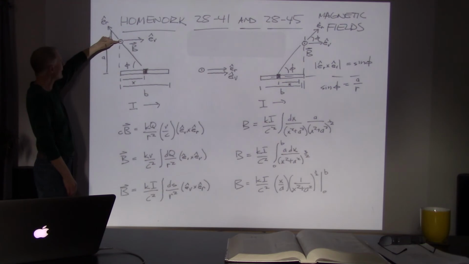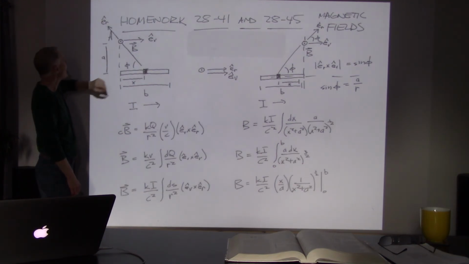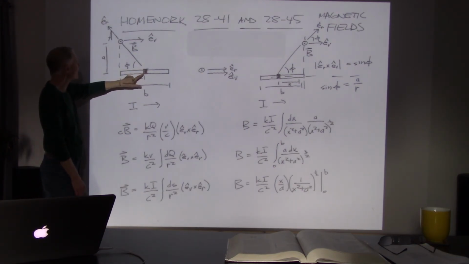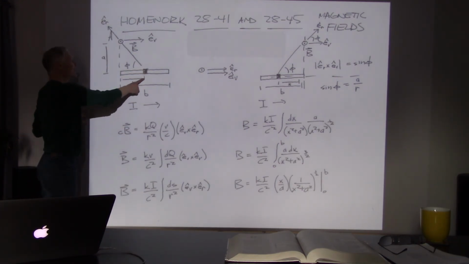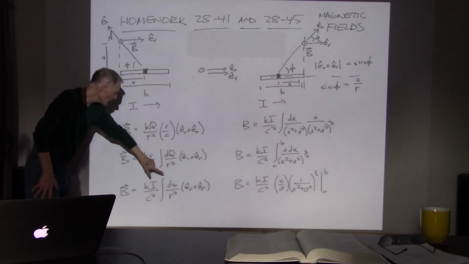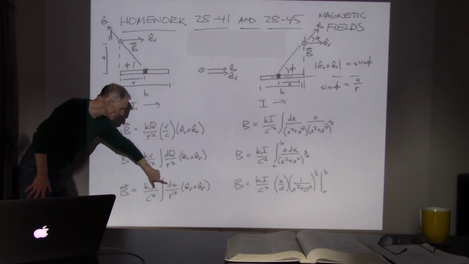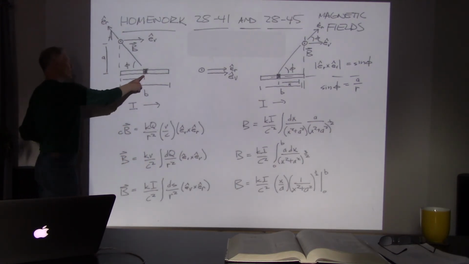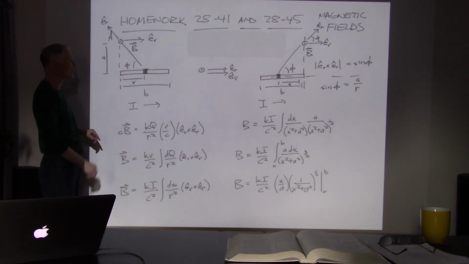And then there's a point out here that lines up with the end of that current segment, and I called that distance a. And I said, here's a little bit of current, a little ds, that's going to go into my magnetic field formula. That ds right there is going to be dx.